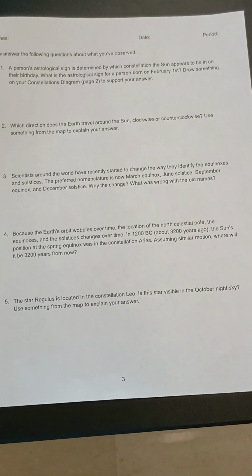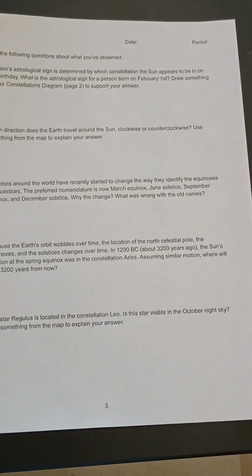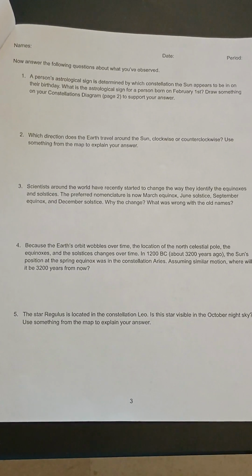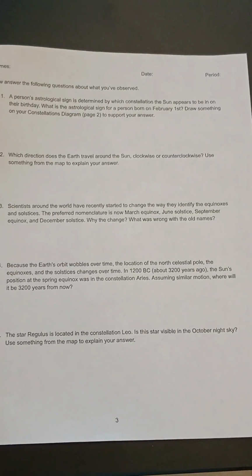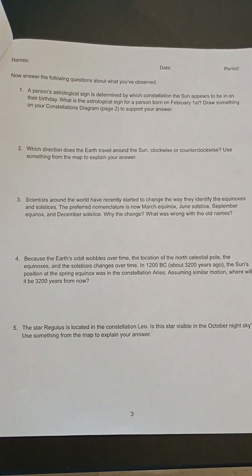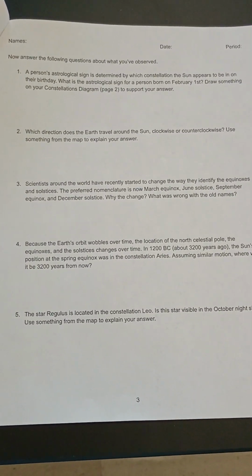It asks you to explain why you chose that answer. This explanation must come from the map that you have drawn. Something on the map should point out what you are. In fact, all of these questions should be based on something from the map. You should not need any kind of external information to do this. And my experience has been that if you are using external information, you're going to get things wrong.